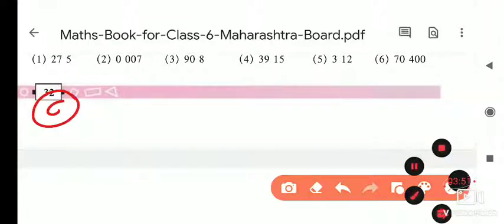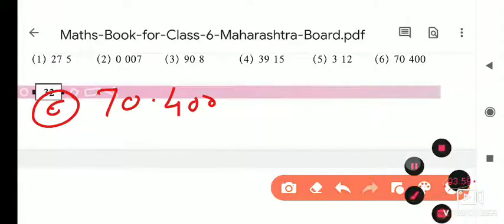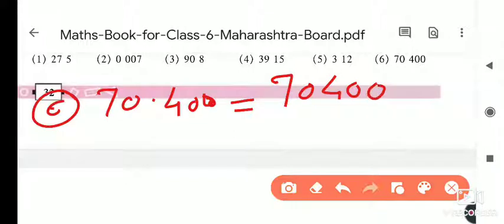And the last example is the sixth example, 70.400. The next step is, we have to write the number 70400, and after the point how many digits are there? 3 digits are there.